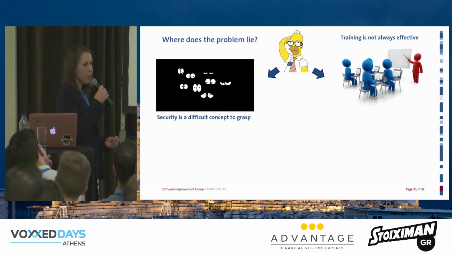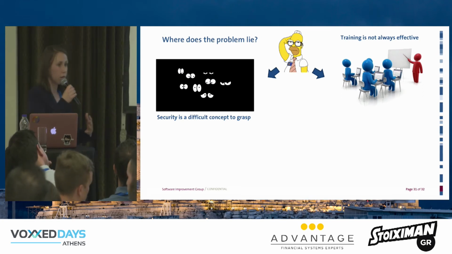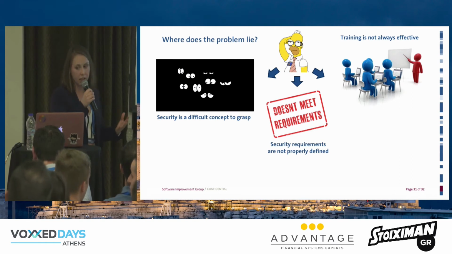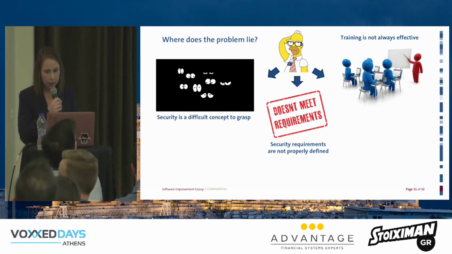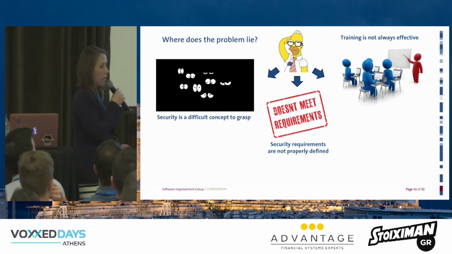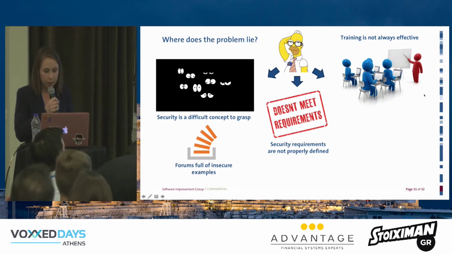Even with training, developers have difficulty in trying to implement the best practices. They try to do their best, but still not enough. And because the requirements are not defined, then you can never implement them properly.